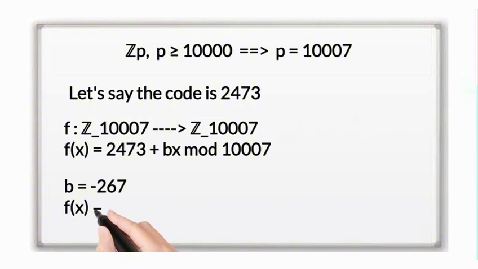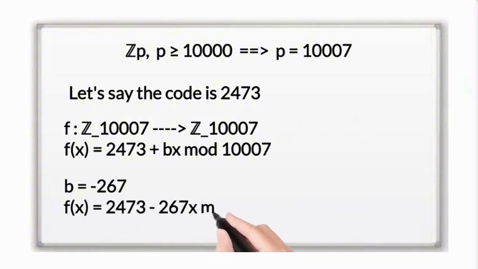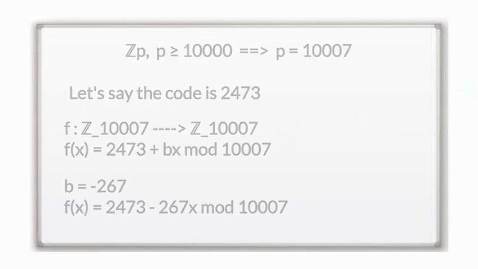Let's choose b equal to negative 267, so our function is f(x) equals 2473 minus 267x, and the secret code is f(0) equals 2473.